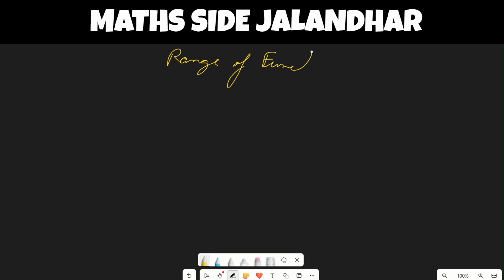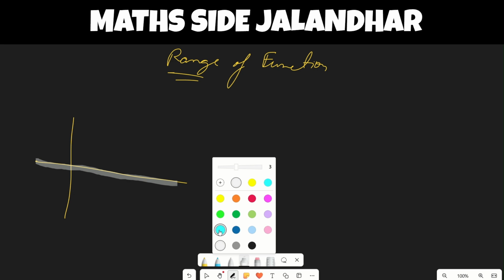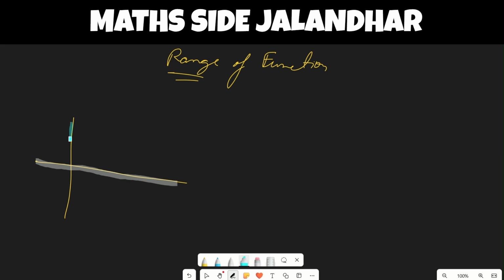Range of a function. It's just the opposite of the domain of a function, because in the domain of a function we focus on the path covered by the graph on the x-axis, but in the case of range we see the path covered by a graph on the y-axis.